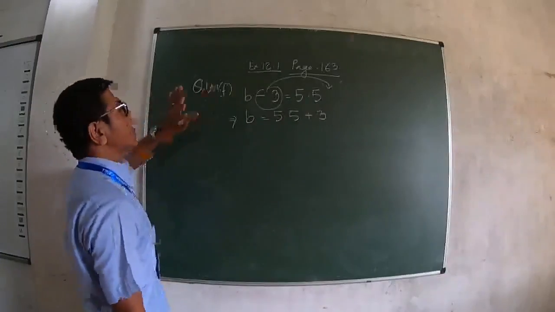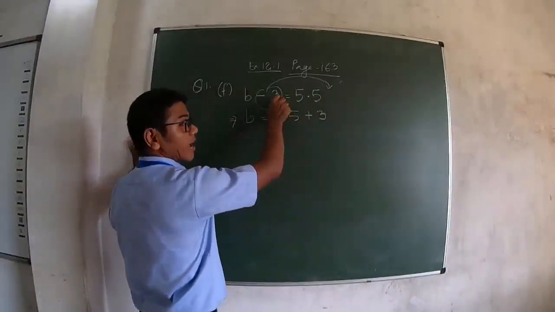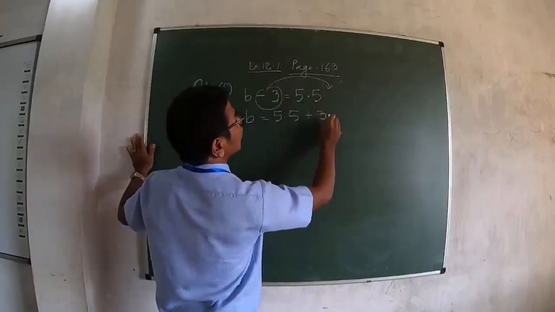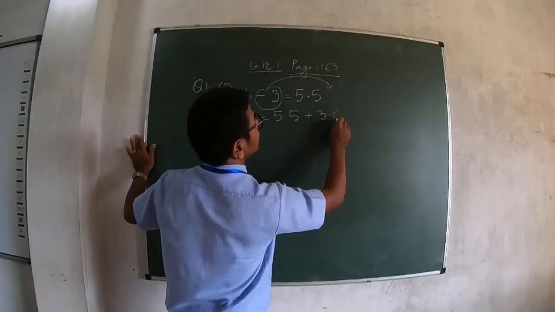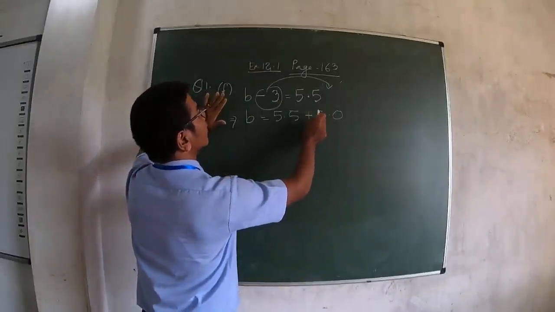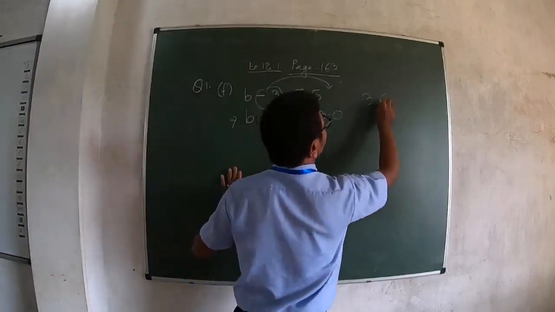Children, please make note. This has got a decimal, this does not. This is a whole number. When there is a decimal, you can also write 3.0. Please see how I wrote. When it's a 3, it means 3.0.